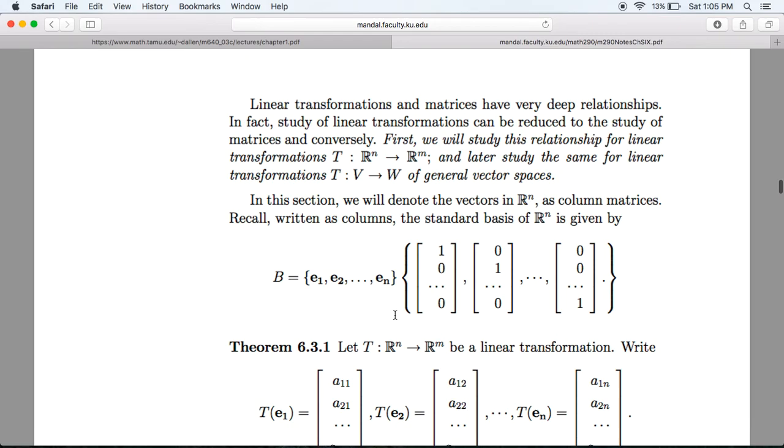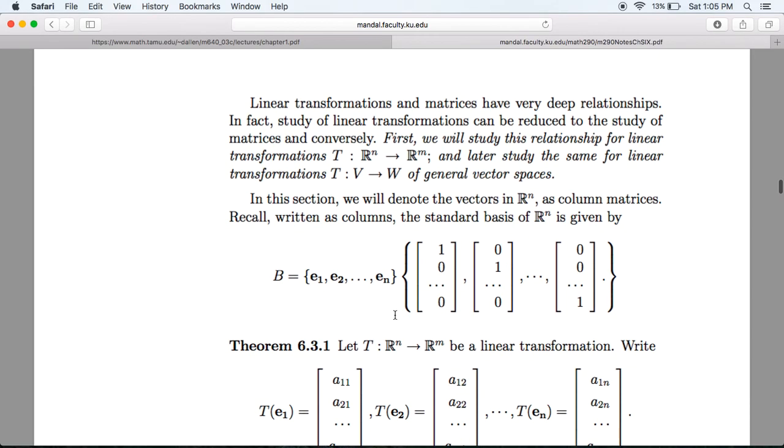In particular, the coefficients of vectors in V are taken as column vectors, and images of those column vectors in W form another column vector, and those columns are arranged as columns of a matrix, and that matrix is actually the matrix of the linear transformation. So we just need to know what the matrix of the linear transformation is, and we will know the behavior of the linear transformation.